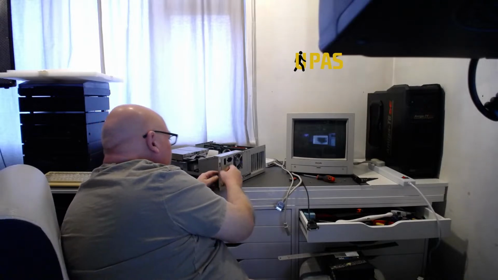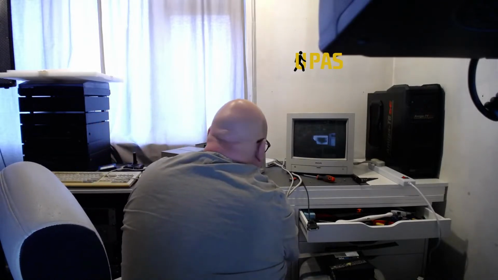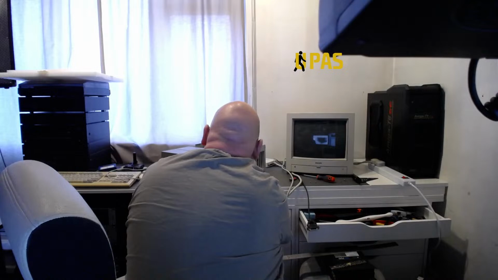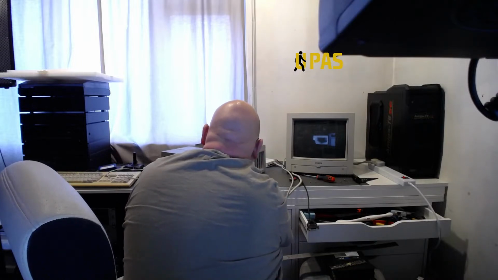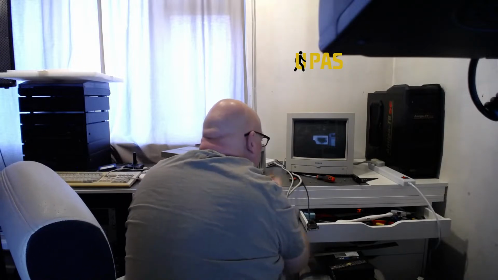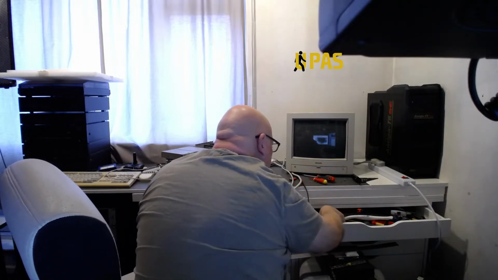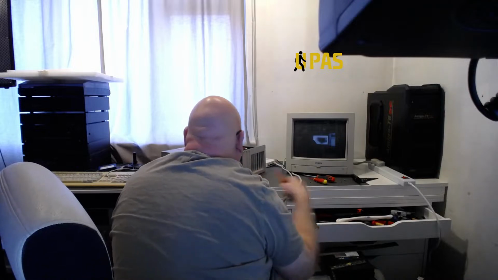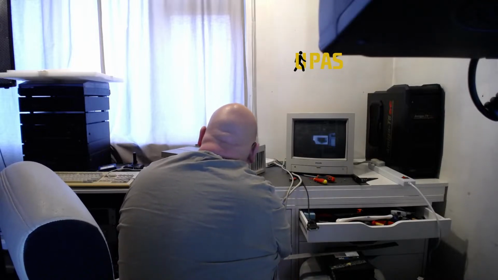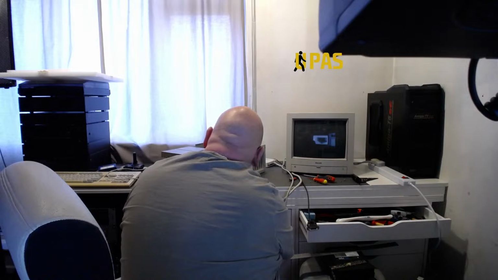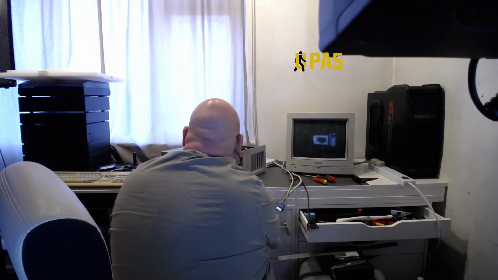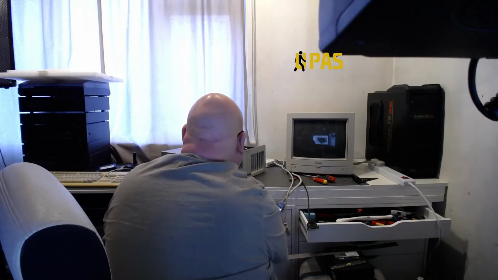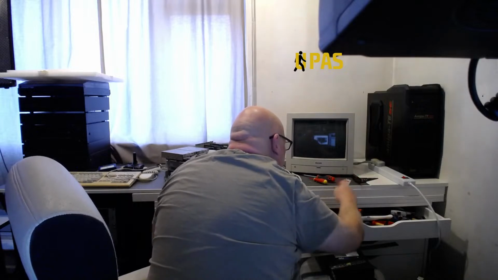It's actually stuck down with a label. That's some kind of security label on it. Just remove the label. Right, the cover is off.